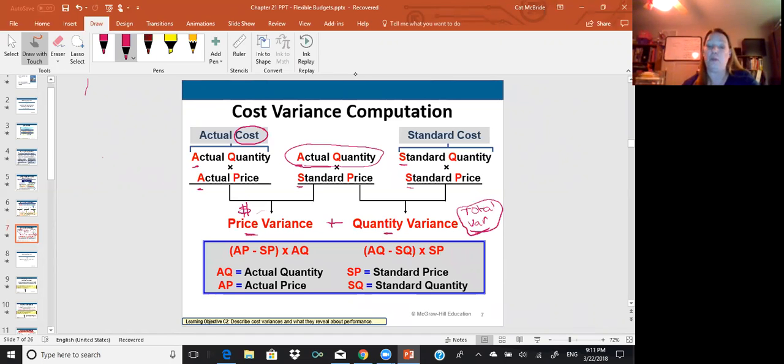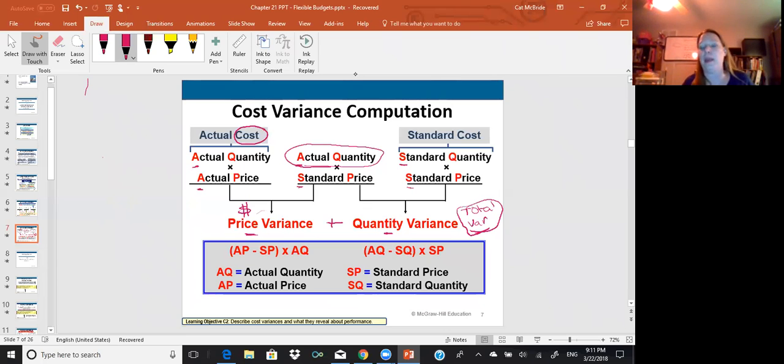Now, if you like formulas, here's the formula. All we're doing is saying the actual price minus the standard price times the quantity. Let's say that we planned to spend $12 an hour, but instead we paid $13 an hour. If I asked you, do I have a variance in how much I paid for labor, you would clearly know right away, yes, we paid too much.